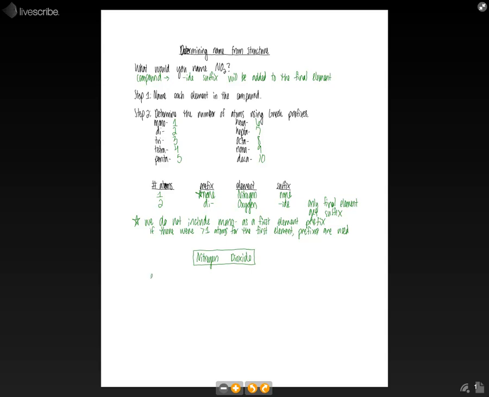So an example of this would be if we had N2O2. We see that we have 2 nitrogen and 2 oxygen, so this will be dinitrogen dioxide.